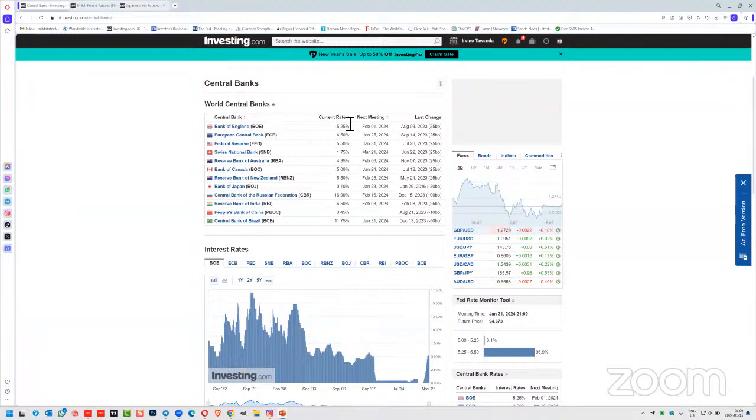Already, we have seen here, pound has got higher rates, 5.25% as compared to the yen with negative 0.1%. So with that in mind, we already have our forex pair that we are looking to trade. So what is it that we need to look out for?